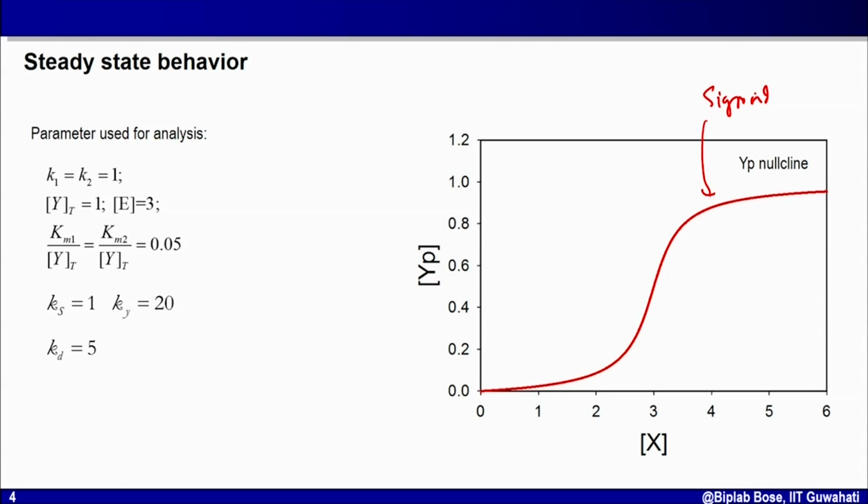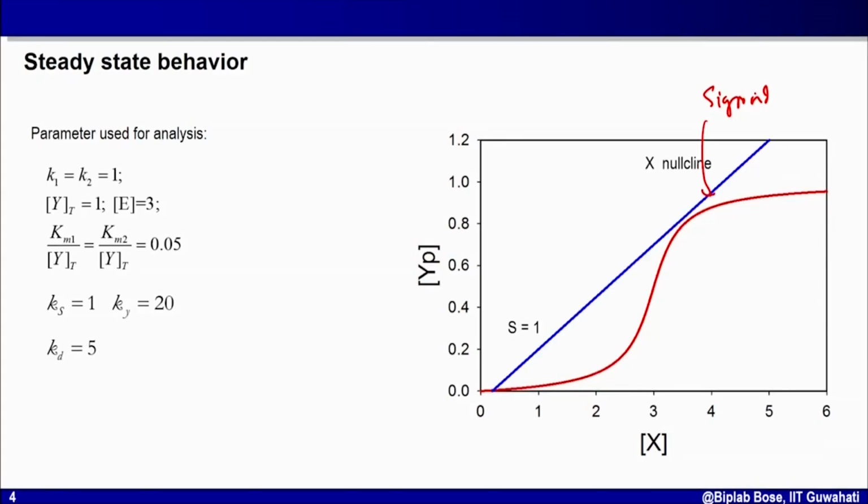Now remember, the x versus yp relation for the yp null cline does not have any input signal s term. So that means this yp null cline does not depend upon the input signal. But the x null cline has the s term, the input signal term. So the x null cline will change with my input signal.